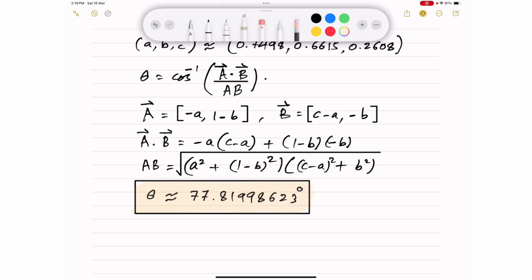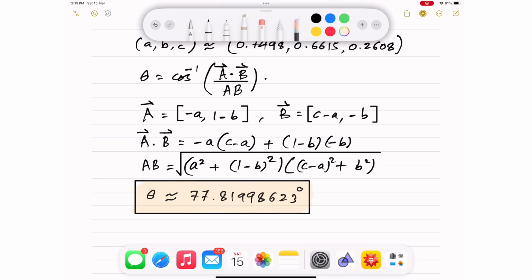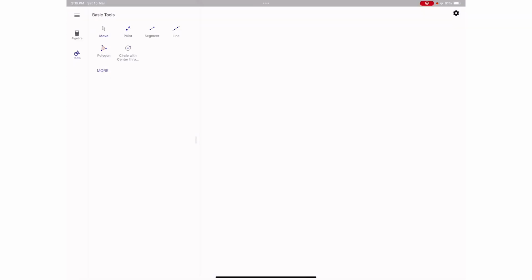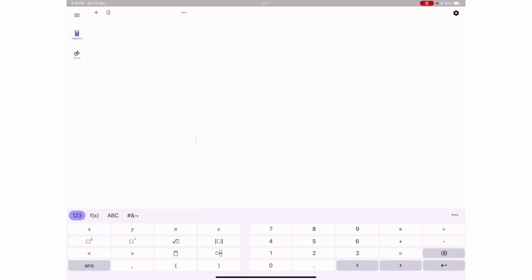Now, to verify that this is true, I will use GeoGebra here, and I will sketch the square. I'll start by sketching the points: 0, 0, that's the origin, and then 1 and 0, and then 0 and 1, and the last point is simply 1 and 1.